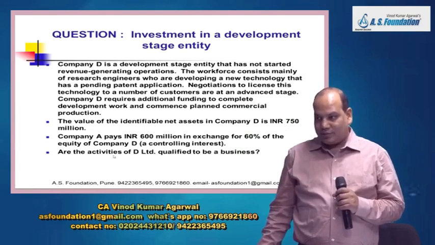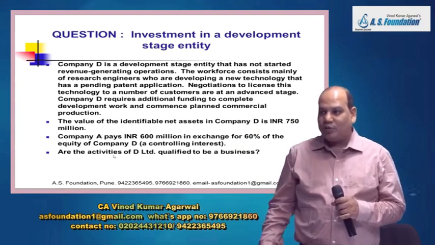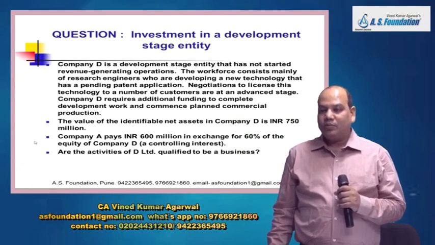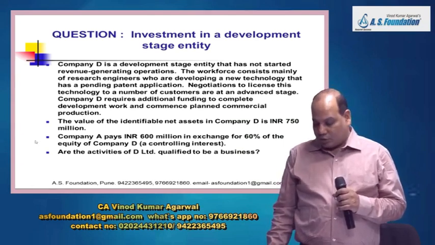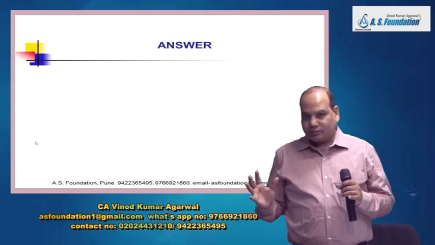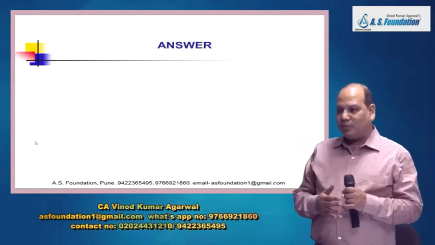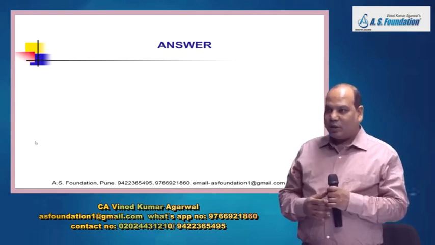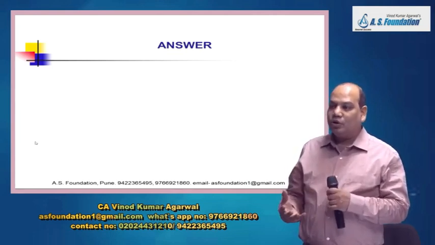Difference is 150. Why are you paying 150 million more? Because you know that there is a hidden benefit because of all these assets which are working together. And that benefit is the goodwill benefit.